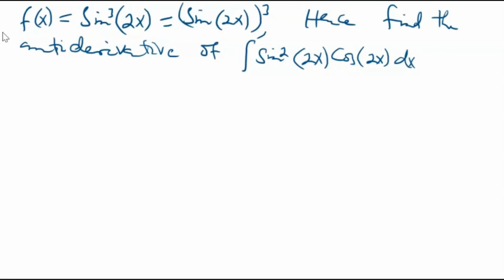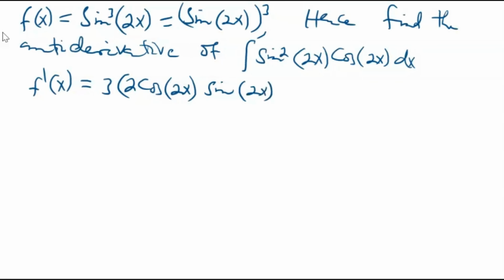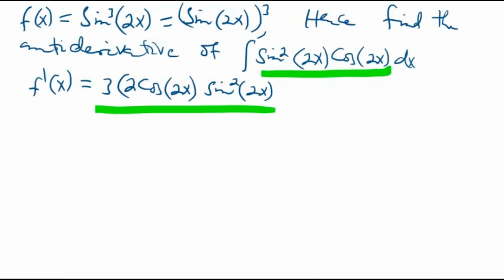So now for f prime x, we use the chain rule. That gives us our derivative, which has to be that squared. Now if we compare this differentiated function with what the question is asking us to find, we realize it's exactly the same thing.